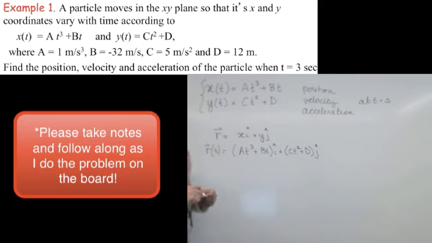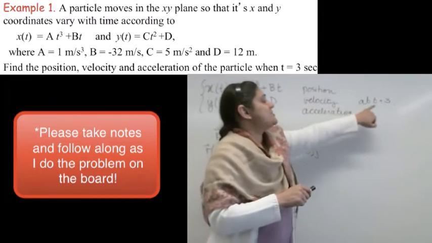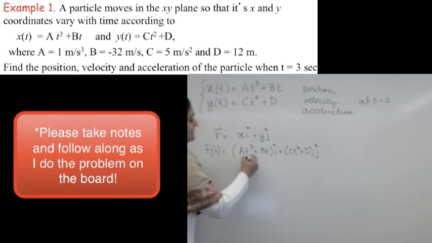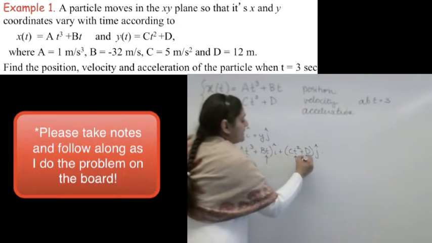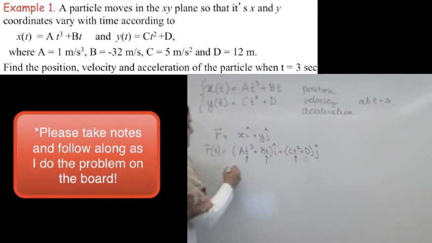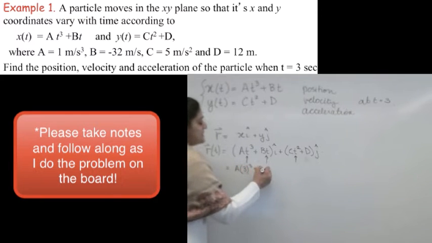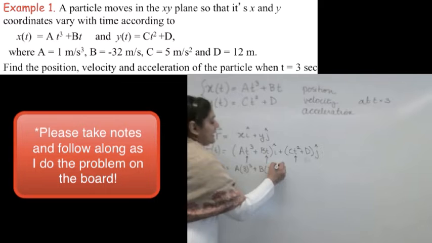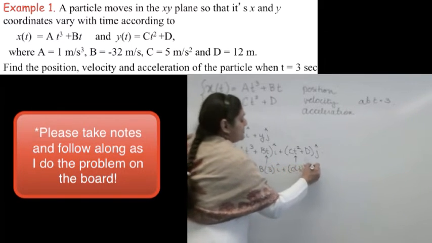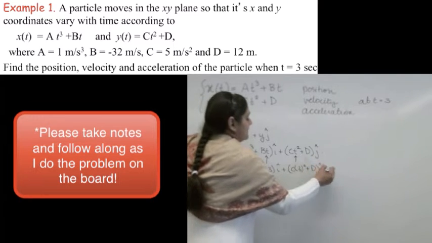Now the question says I have to find this position at t equals 3 seconds, which means I have to plug in 3 seconds for t, so it's going to be (a 3 cubed plus b 3) i plus (c 3 squared plus d) j.